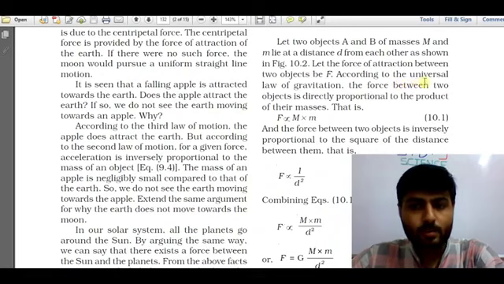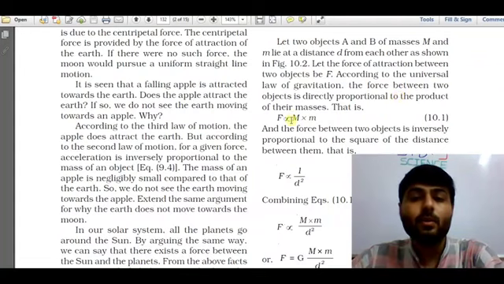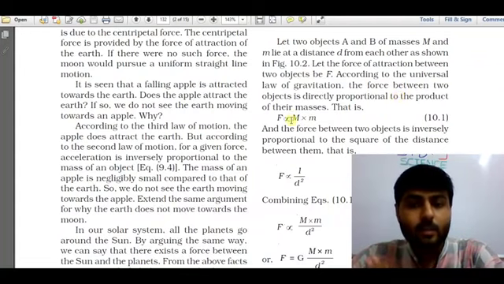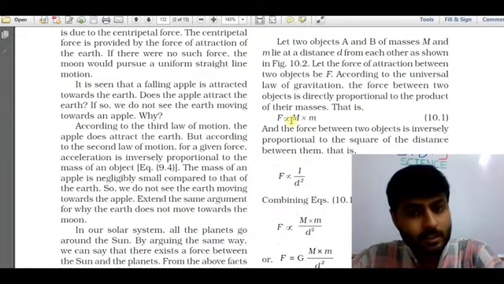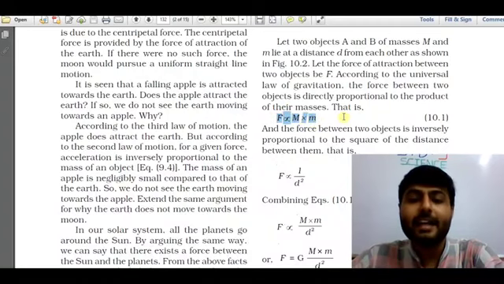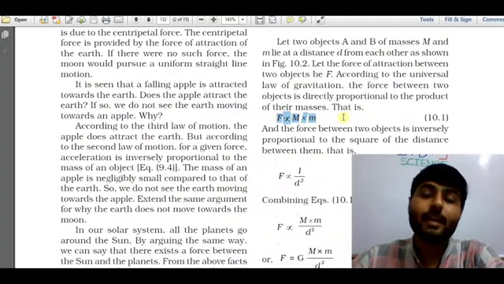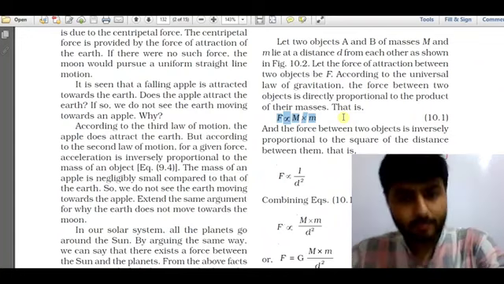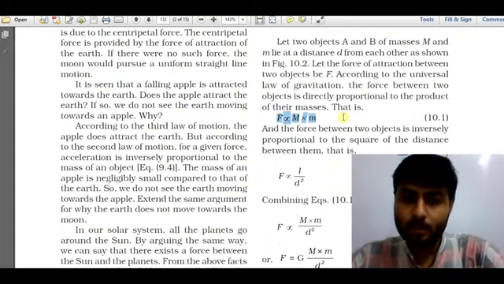According to the universal law of gravitation, this force is proportional to the product of their masses. Product means multiplication. So here we write F is directly proportional to capital M into small m. What are capital M and small m?